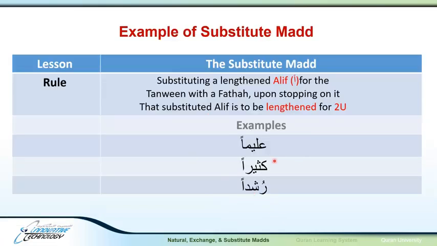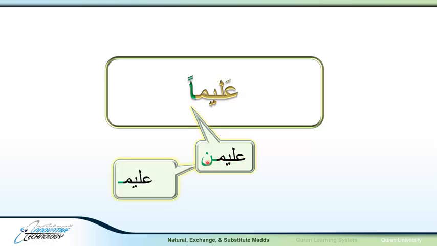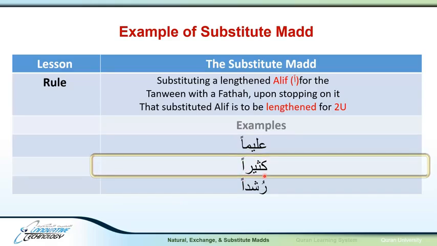Let's illustrate this with more examples. We've mentioned aliman, where we said that the tanween on aliman is practically pronounced with a noon after the meme. Aliman. But in case of stopping on that aliman, it's pronounced as alima. The second example is kathiran.